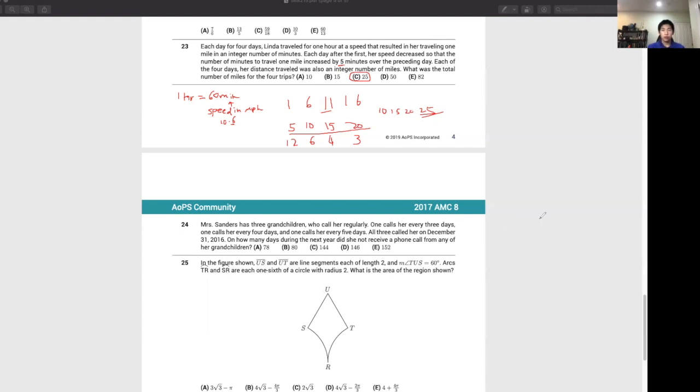So what we're going to want to do here is create a Venn diagram. And this is going to help keep us organized because we need to make sure we keep track of who calls on what day. So we have 365 total days.